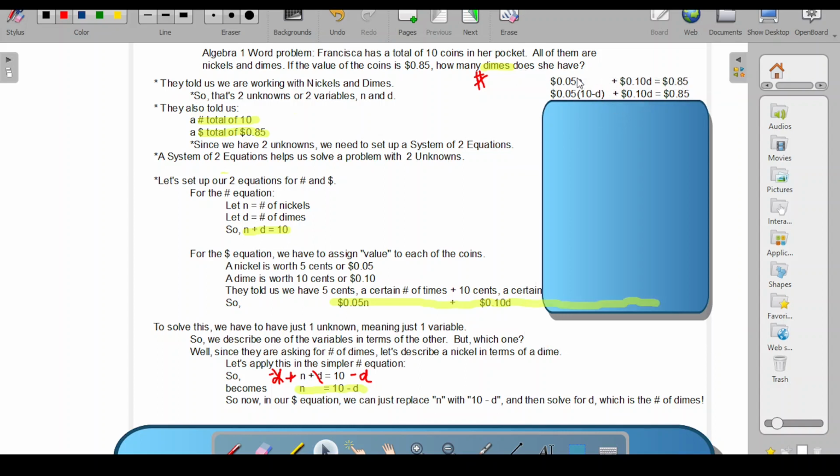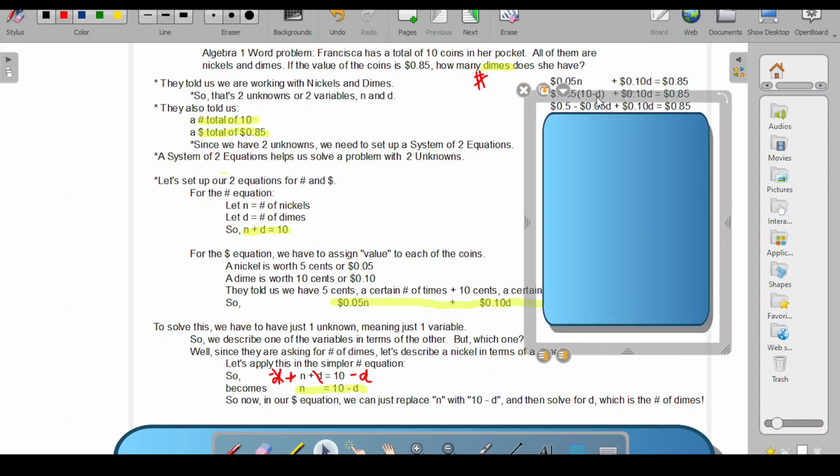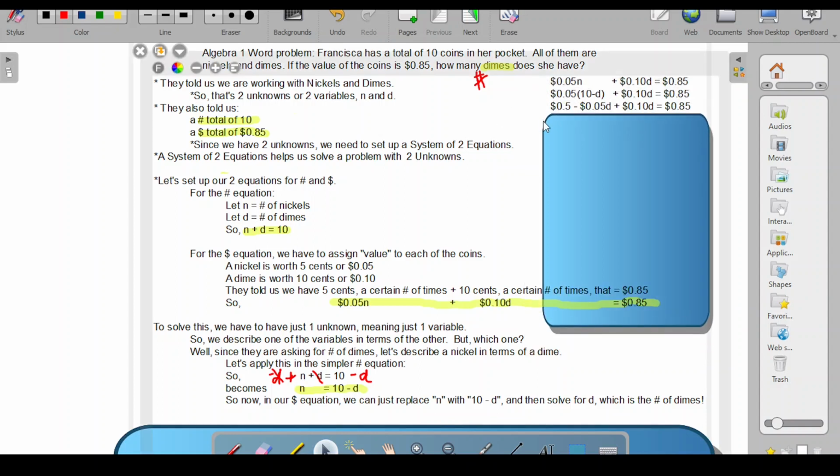So everything here is just the same, of course. Using the distributive property, 0.05 times 10 is kind of easy, because when you multiply something by 10, you're just moving the decimal.